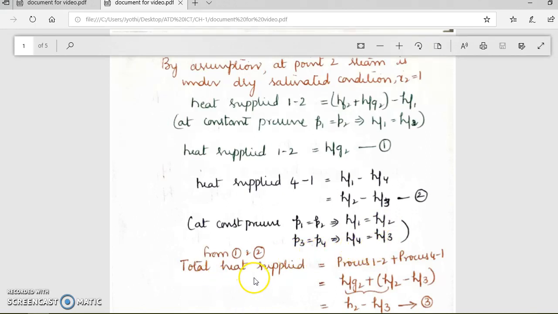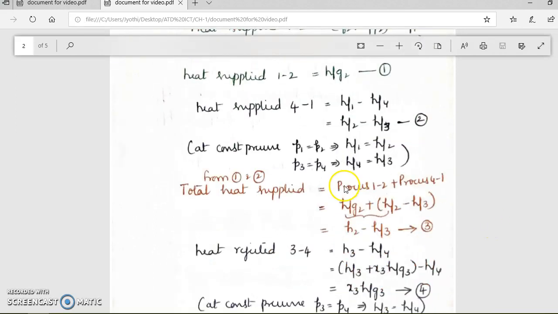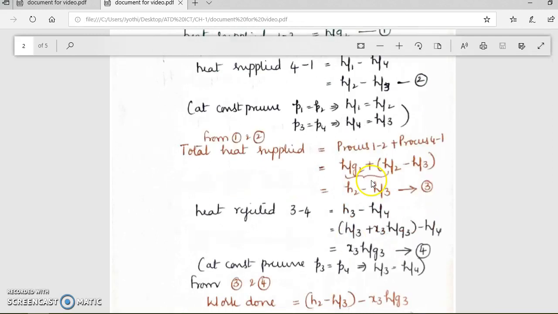So the total heat supplied from the two equations is HFG2 plus HF2 minus HF3, which is ultimately H2, the absolute specific enthalpy at point 2, minus HF3, the fluid enthalpy at point 3.